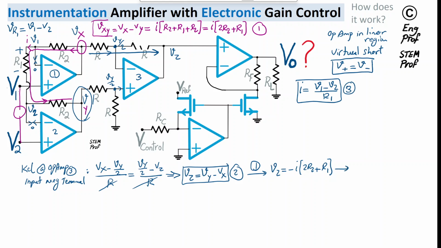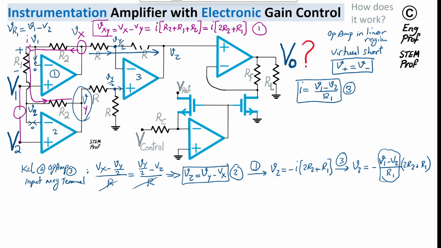So using equation 3, I can substitute for I, and I have V2 equal to minus that minus, and I is simply V1 minus V2 divided by R1, and then the rest of the 2R2 plus R1. So basically this is a substitution for just I.